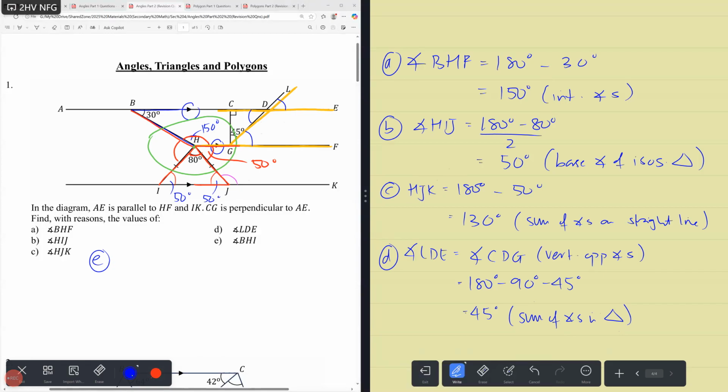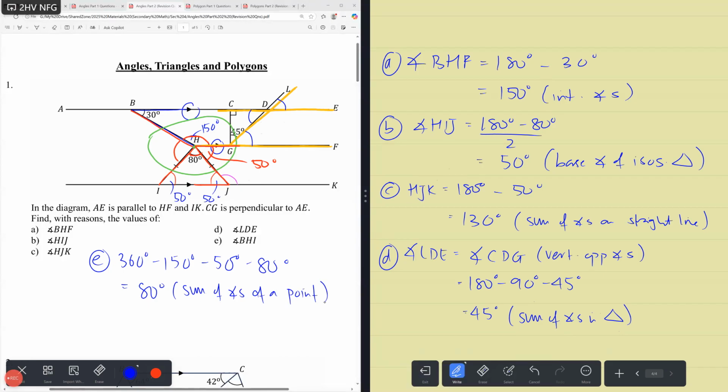Therefore, our angle BHI is equal to 360 minus 150 minus 50 minus 80 degrees. So 360 minus 200 equals 160. 160 minus 80 equals 80 degrees as well. Reason: sum of angles at a point.